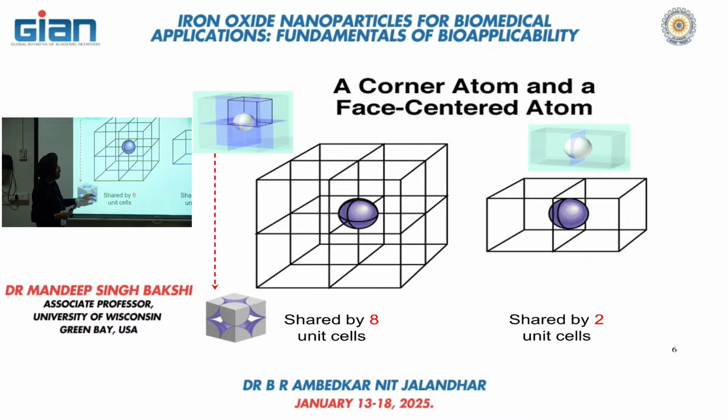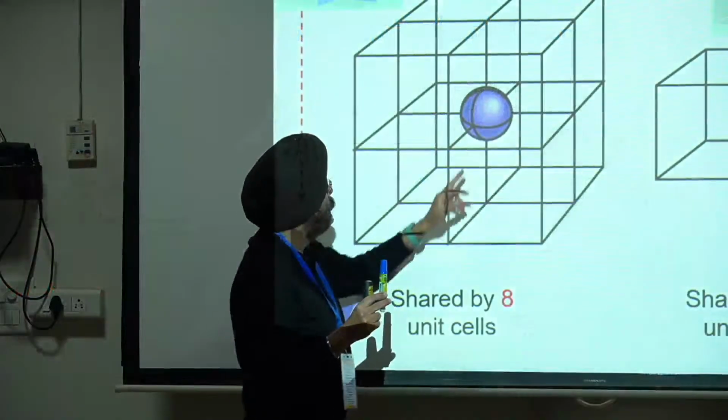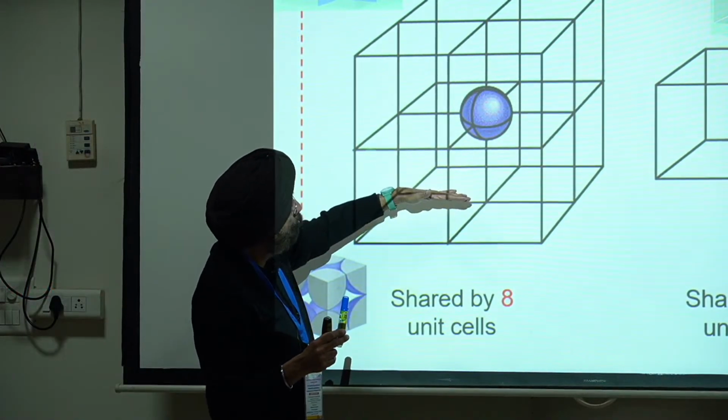So if I erase the layers and show only the frames, the atoms at this position or this position or this position are in fact contributing to eight cubic structures, eight cubes. 1, 2, 3, 4, 5, and 4 below.